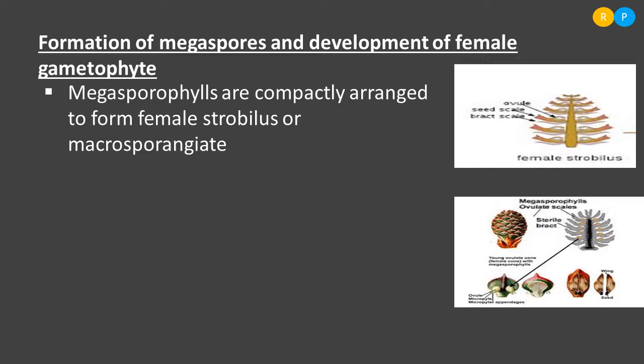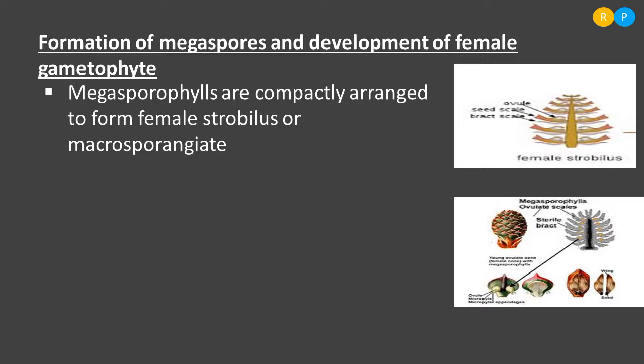If you observe the base of each megasporophyll in the diagram, we can identify the presence of a protective structure. Those protective structures are nothing but megasporangia. Clear, right? Megasporangia are meant for the formation of spores.